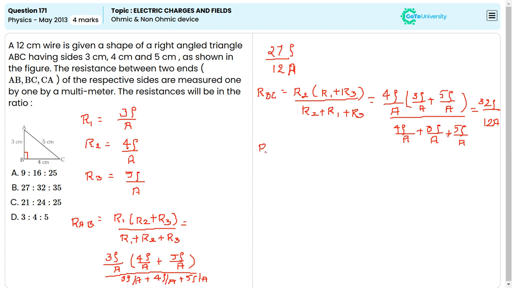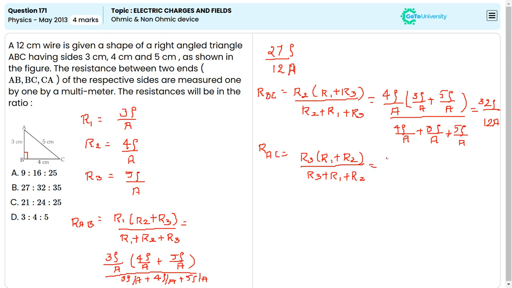Similarly, for RAC, if I write the equation, it is R3 times R1 plus R2 divided by R3 plus R1 plus R2.